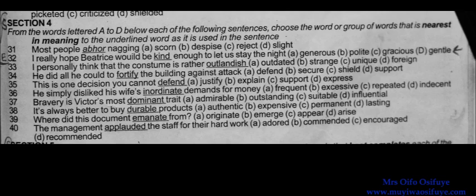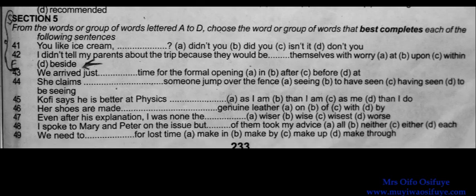Always remember that each section has its own instruction. Now we are going to move to section 5. In section 5, we have a different instruction as usual.